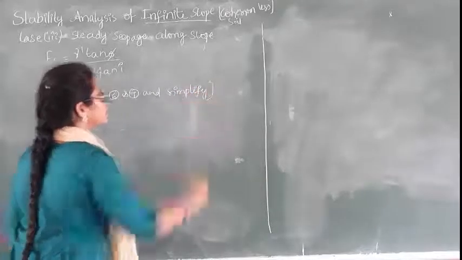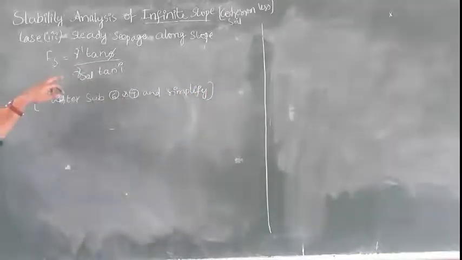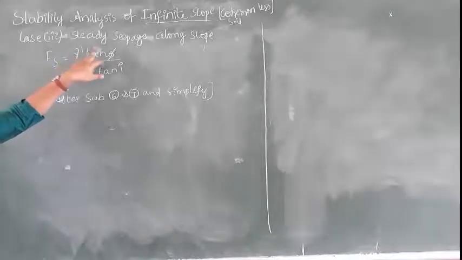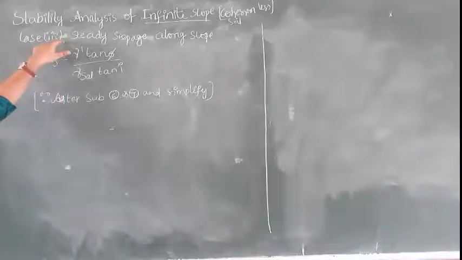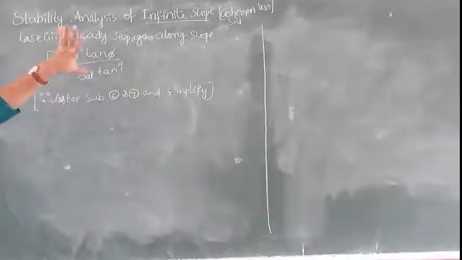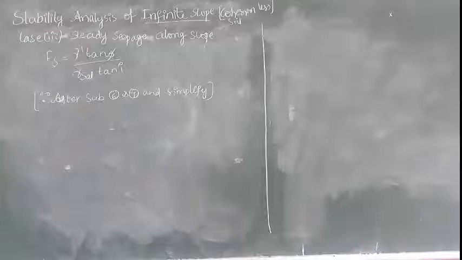So you will get the factor of safety equal to gamma dash tan phi by gamma sat tan i, if the soil is having steady seepage along the slope, right?